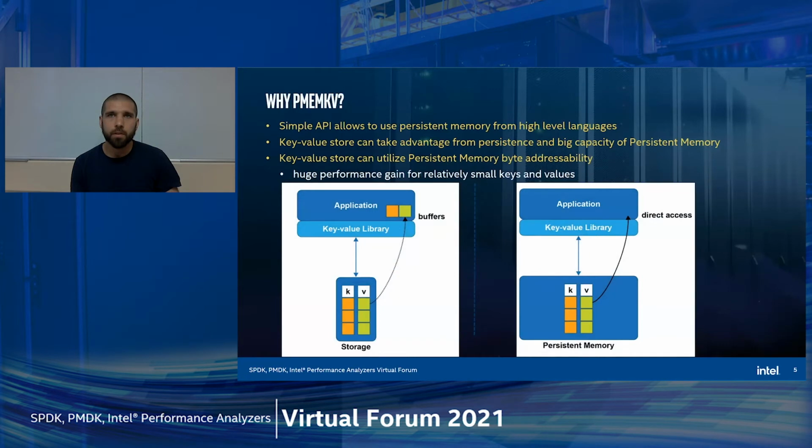We wanted to create a simple key-value store API which may be used in C++ and high-level programming languages and take advantage of direct memory accessibility and huge size in comparison to DRAM. The API is designed to be similar to other well-known key-value stores like RocksDB and LevelDB.